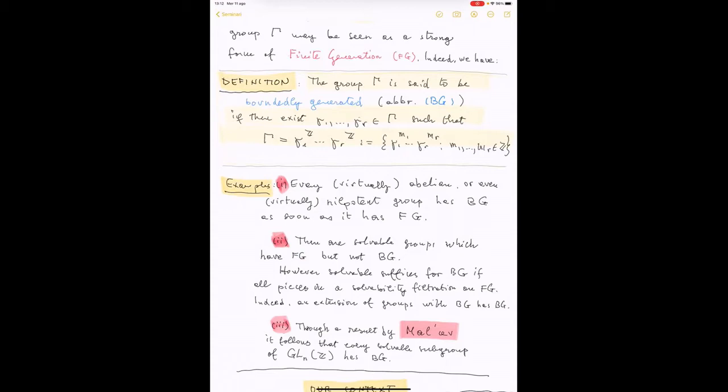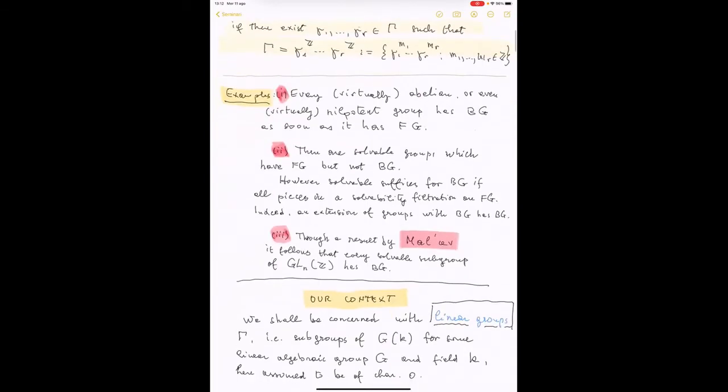So this is important. For the gamma i's to generate, we can take products of them in any order. But now we prescribe to do it in this order, and we allow any power. So this is a strong form. Let me give some examples just to figure out what the notion means.